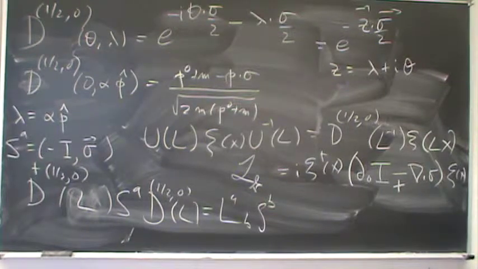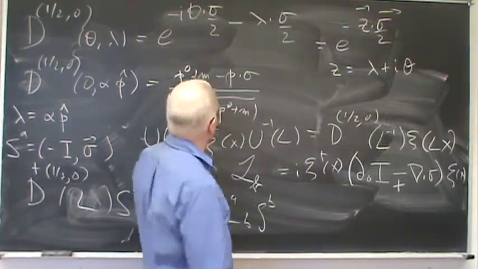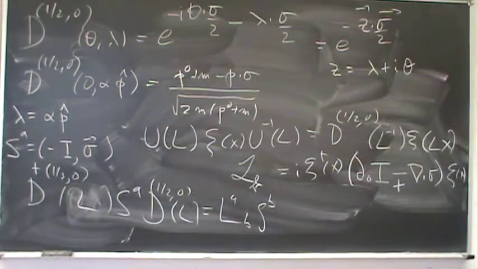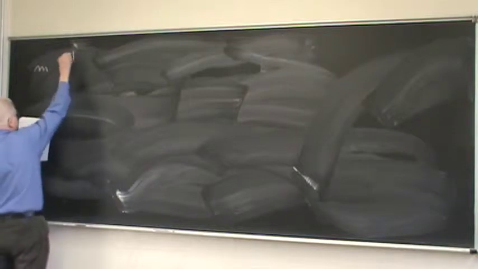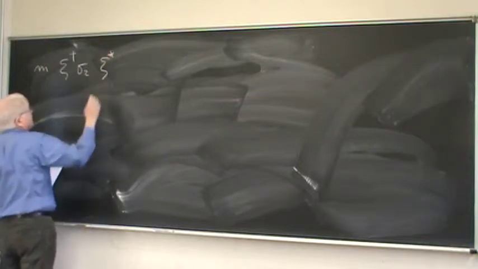There's also this business of the Majorana mass term, and this comes up a great deal in neutrino physics, so I might as well mention what it is. The basic idea is you have an m, and you have a psi dagger, a sigma 2, and let us say psi complex conjugate. And now, how does psi transform? Well, psi transforms this way as e to the minus z dot sigma over 2.